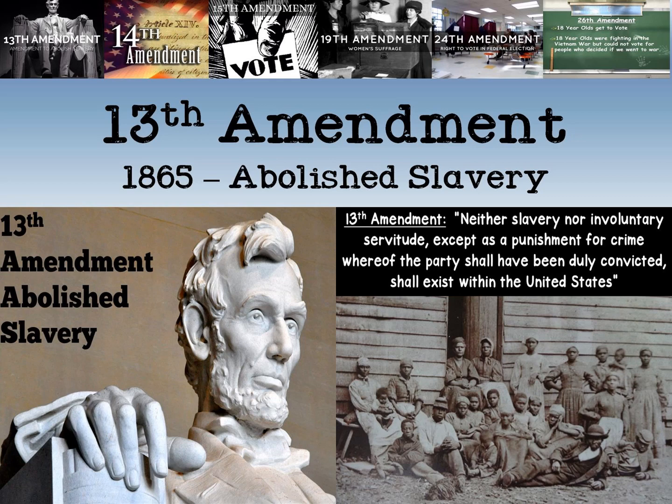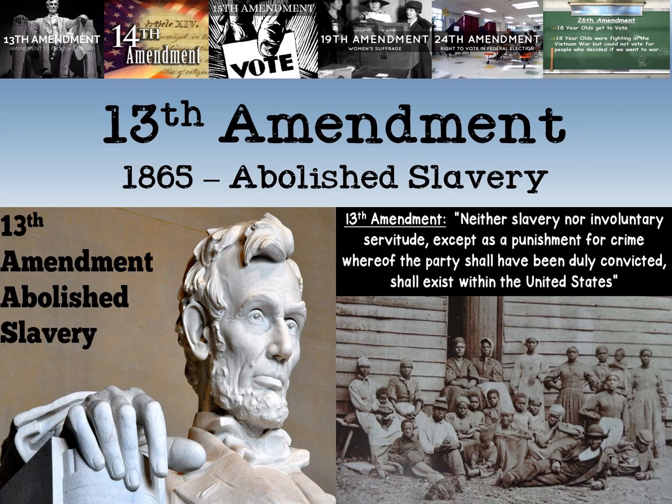Now, again, we talked about before that the Emancipation Proclamation in 1863 was only an executive order. We talked about this when we talked about the executive branch. Executive orders can be overturned by the next president. So what Lincoln and, at this period, the radical Republicans wanted to do was make sure that there was something in the Constitution that states slavery is abolished.